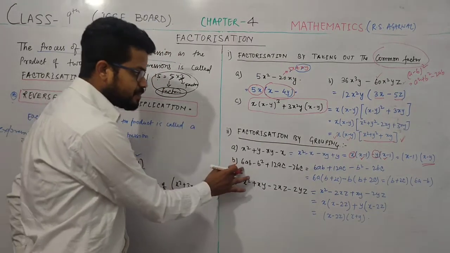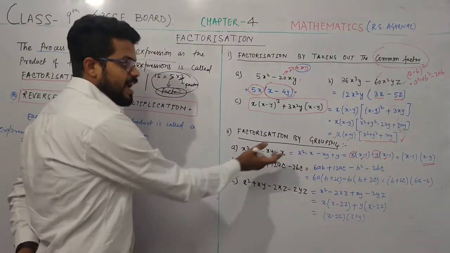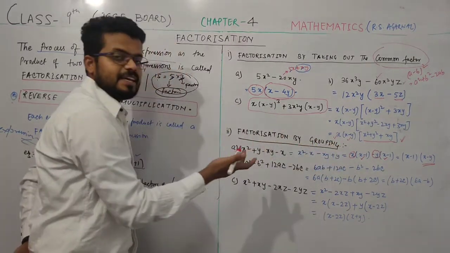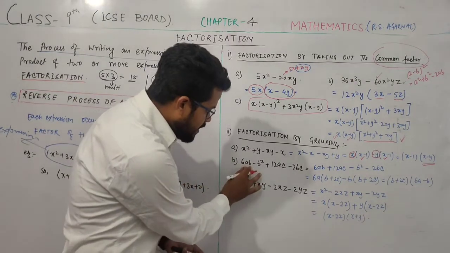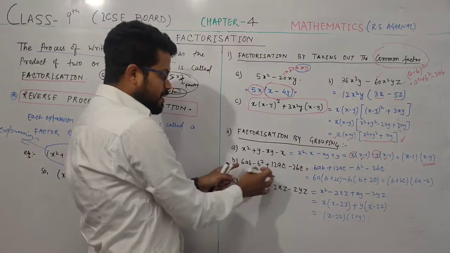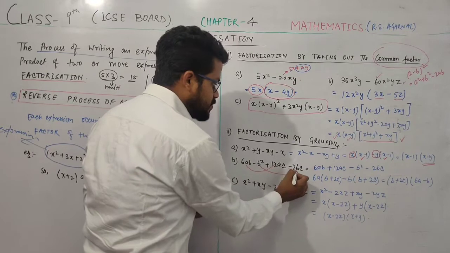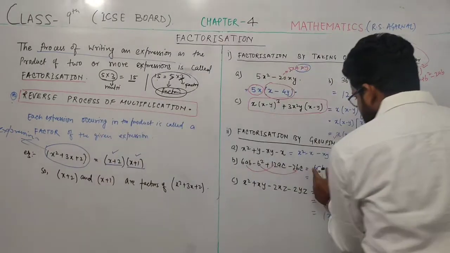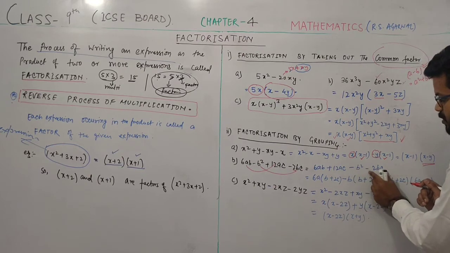So now we have to arrange this and make a group so we can easily take the common. Here ab, this is b square, ac and this is bc. So I make a group of these two and these two: 6ab plus 12ac minus b square minus 2bc.